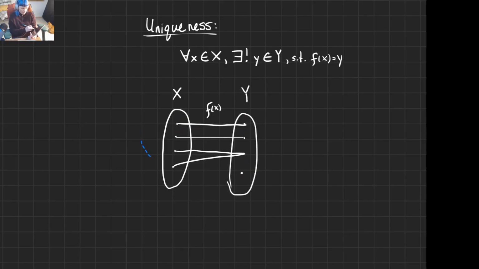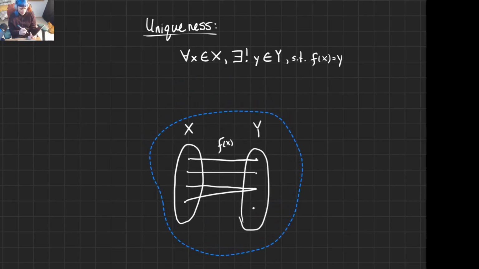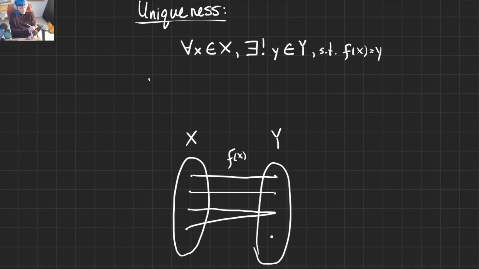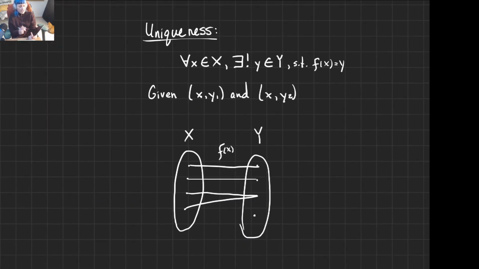So I should probably clarify a little bit by giving ourselves an example. So given you have a point x and y1 and a point x and y2, what uniqueness is saying is that y1 has to be equal to y2.